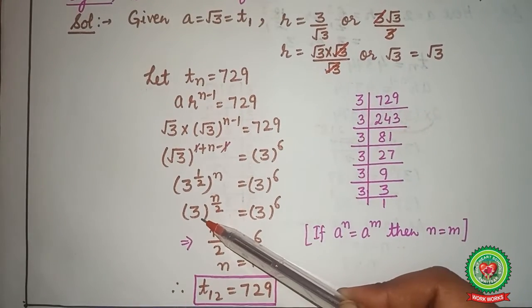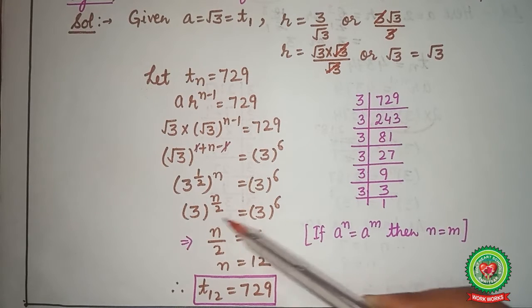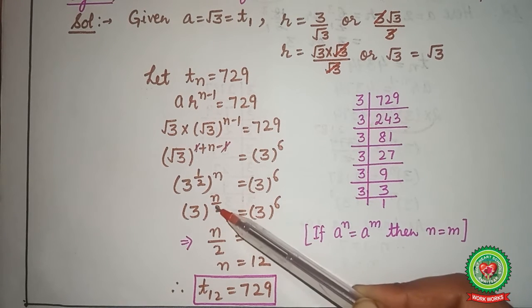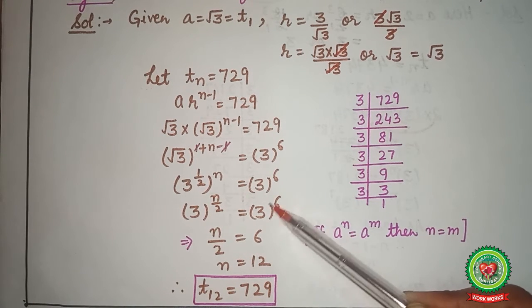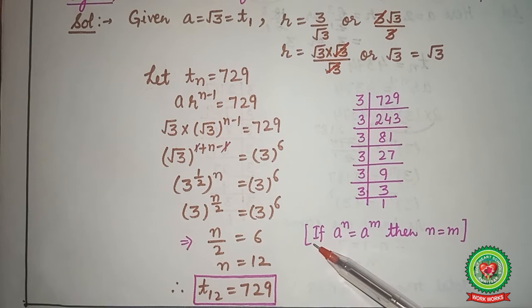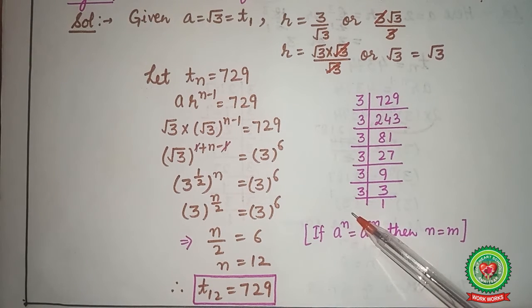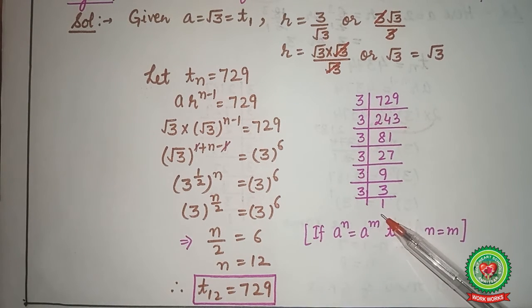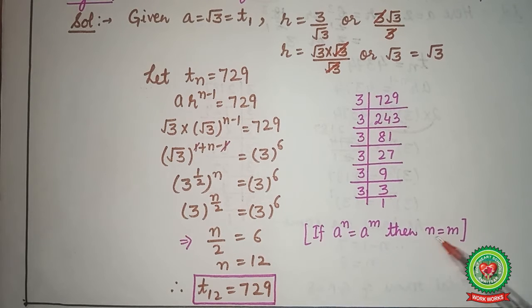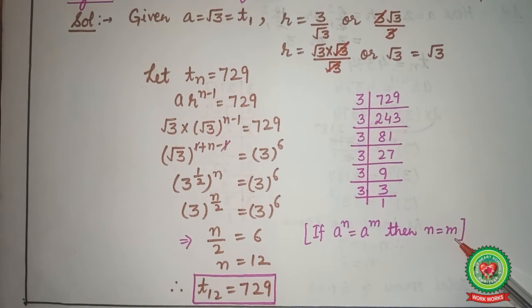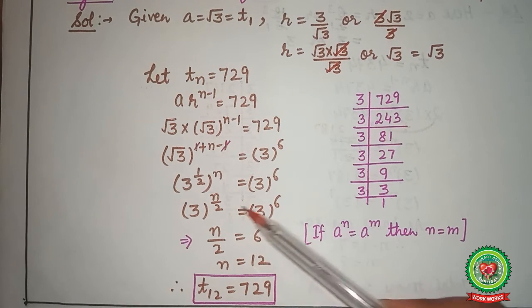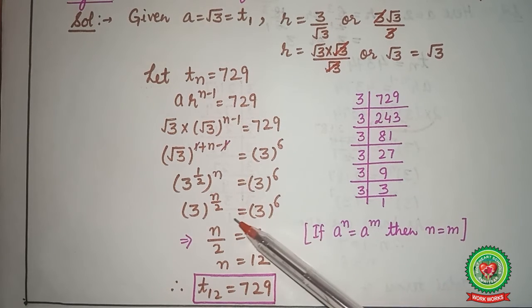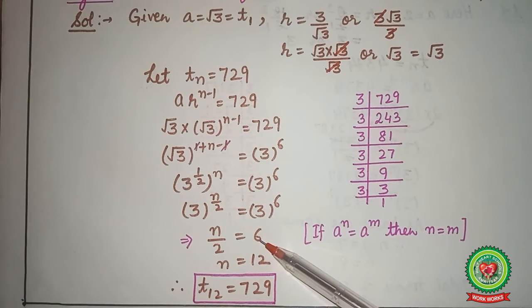Now we have two terms with the same base, so their powers must be equal. Applying the theorem, if a raised to power n is equal to a raised to power m, then n is equal to m. On equating their powers, we get n by 2 is equal to 6.